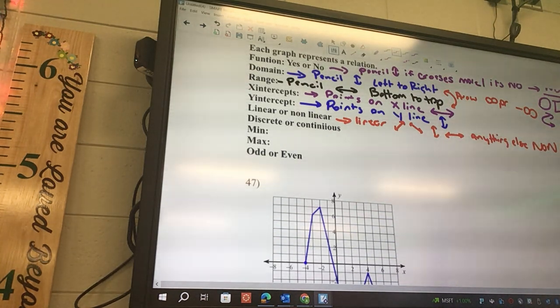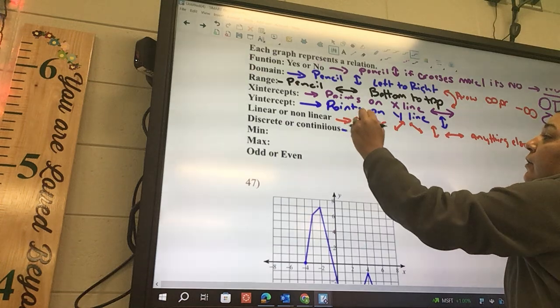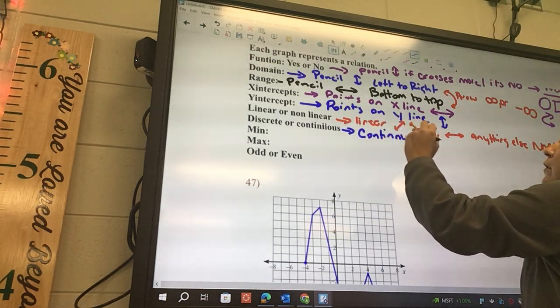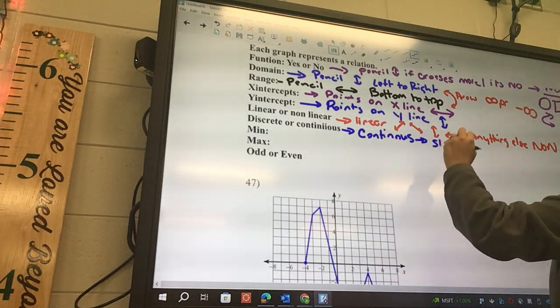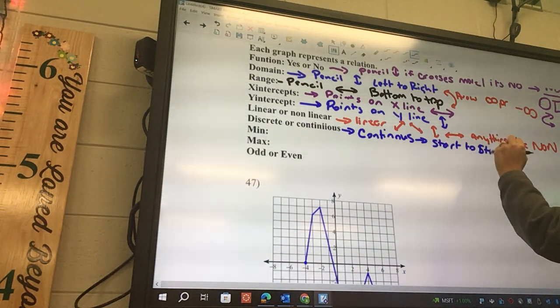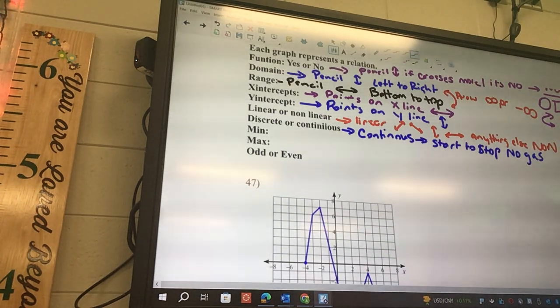Okay. Discrete or continuous? How do we know? If it has any gaps in the line, what is it? Discrete. It's gonna be discrete. So continuous, I can go from the start to stop, no gaps. Okay?